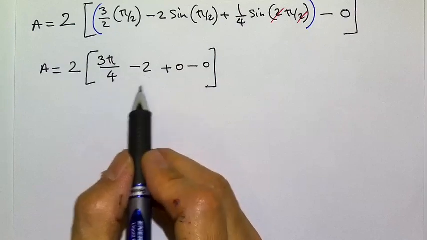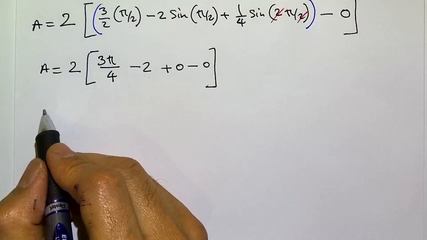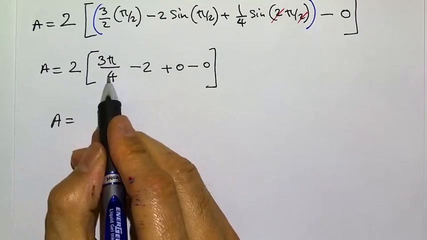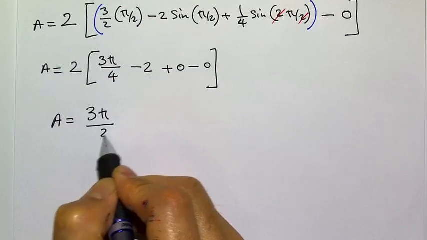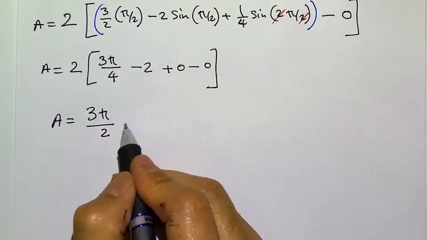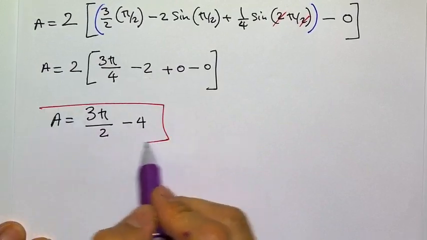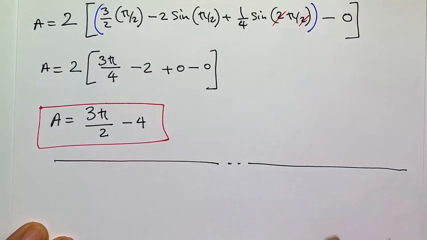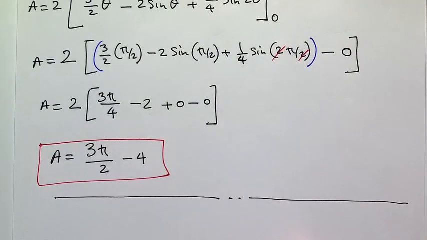Then let's combine these. Let's distribute this 2. So we get 2 times 3 pi over 4, which is 6 pi over 4, reducing to 3 pi over 2. 2 times minus 2, we get minus 4. And let's leave it like that. Of course, if you write this as 1 with common denominator, it's okay, but this should be fine.